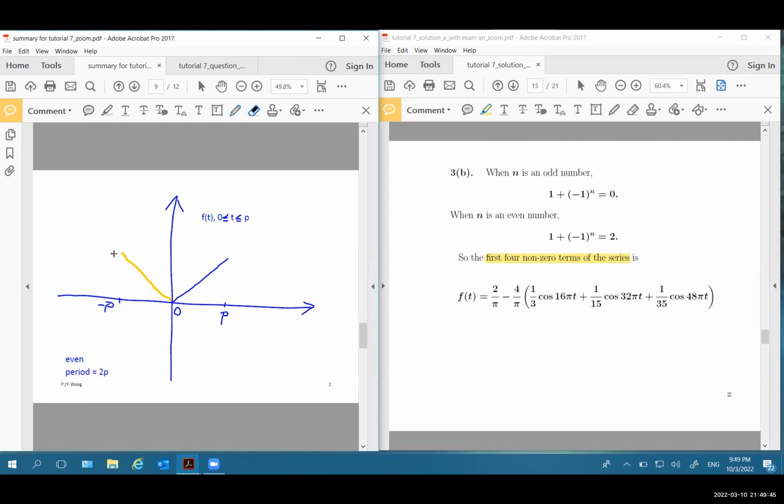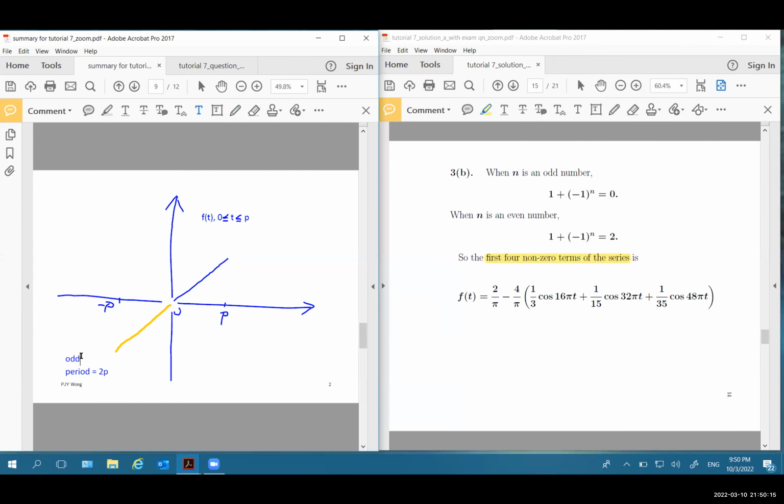This time, when you do the extension, you don't make it even. Your extension is you go and make it odd. So you make it odd, then it will be something like that. You extend to 0 to minus p, and from minus p to p, you make it an odd function. So this time it is not even, it is odd.